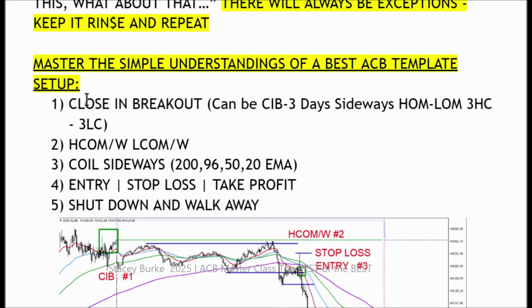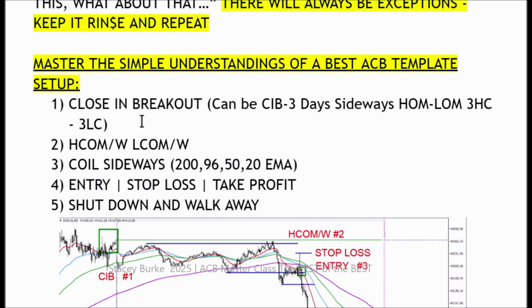So the simple criteria, again, that we talked about for Wednesday close and breakout. Now, sometimes we're going to have markets that close in breakout and they may stay sideways in breakout for 2 or 3 days. At the extreme, the high of the month or low of the month closing prices. So often a market closes in breakout, doesn't set up.